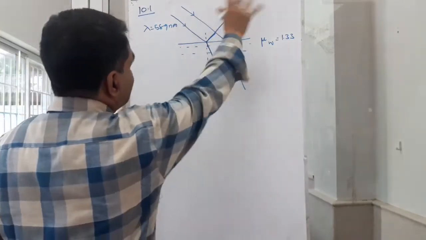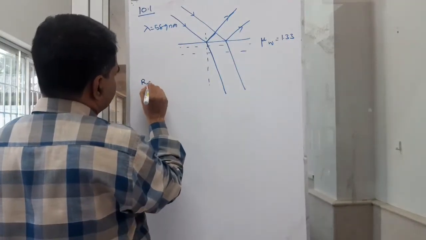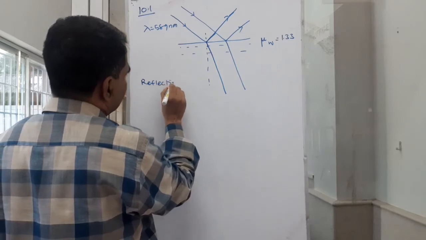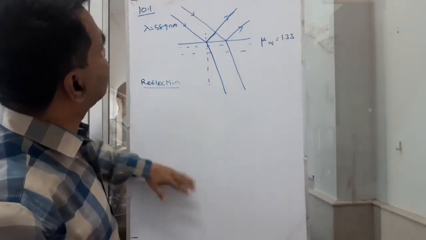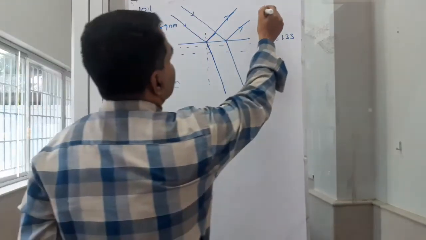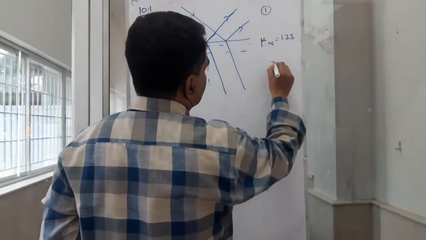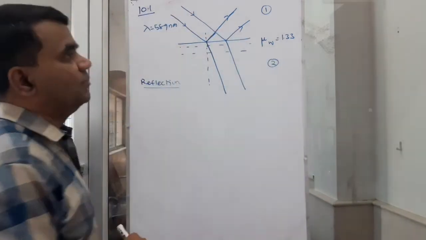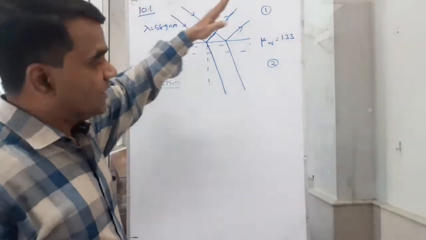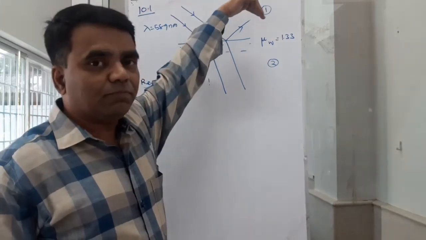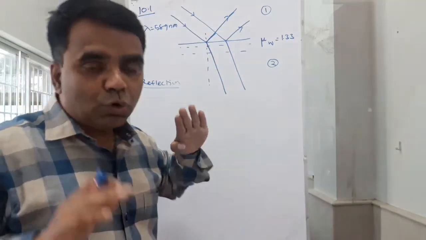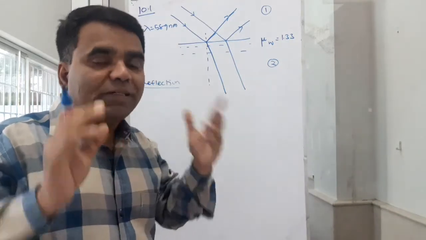So let's talk about reflection. Where is this reflection taking place? It is taking place in the first medium itself, and refraction is through the second medium. So the wave comes, gets here, and then gets reflected. Will the speed change?